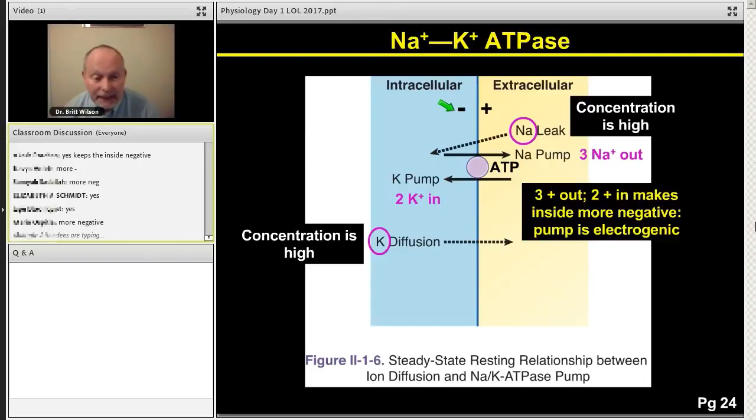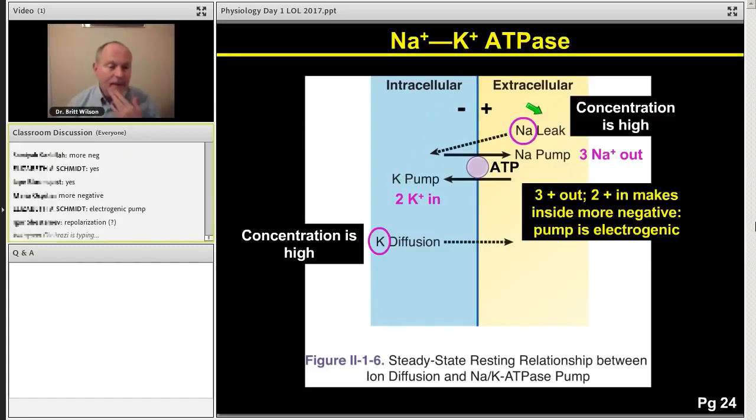It helps keep high potassium inside the cell, and high sodium outside the cell. This is not really a player in repolarization for most tissue. That's going to be voltage-gated channels, but that's a great question, Igor. Maybe a little bit in the heart, but it's mostly going to be voltage-gated channels.